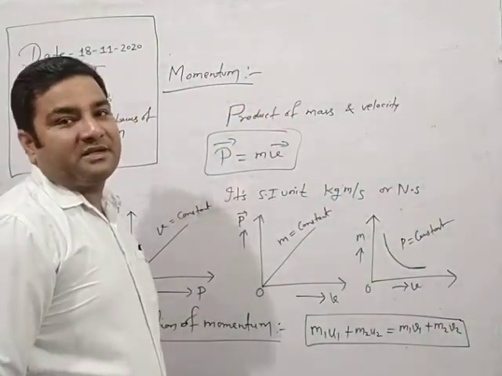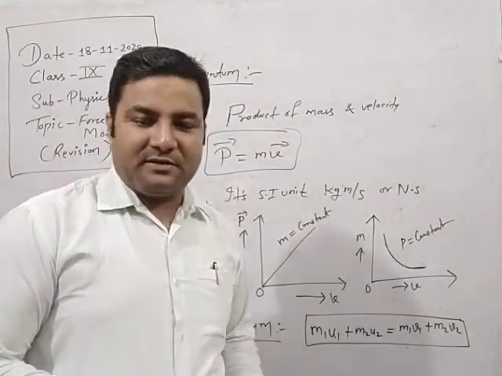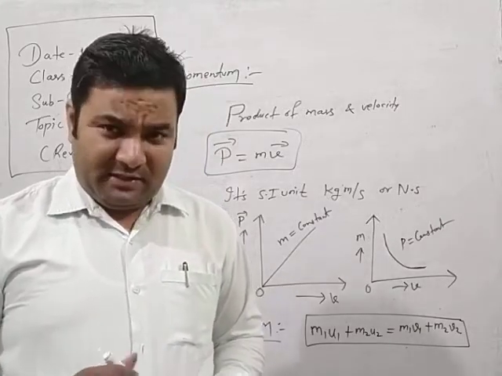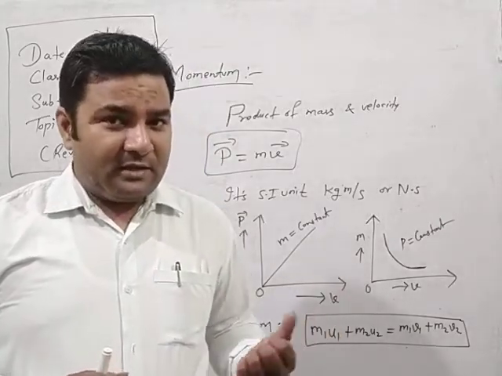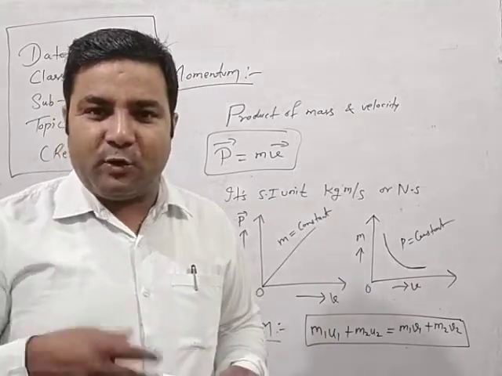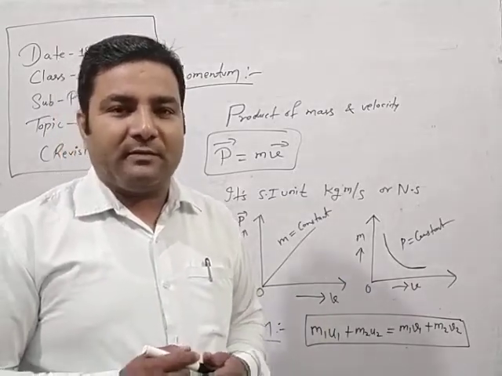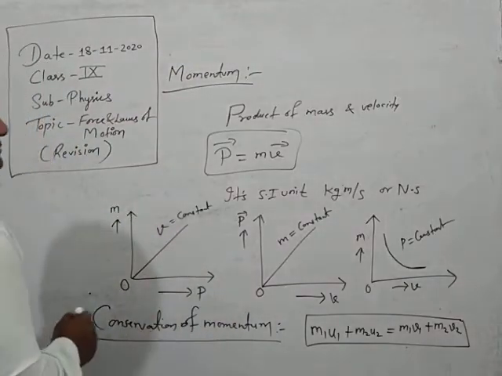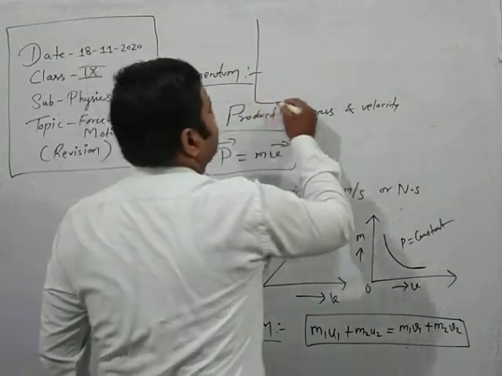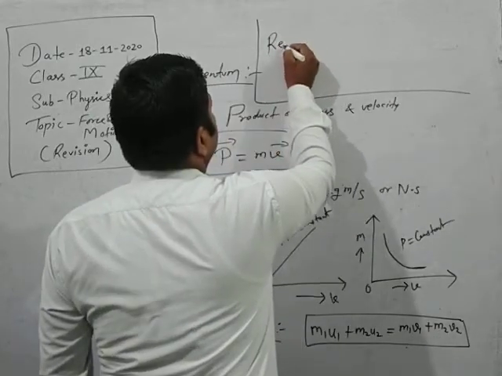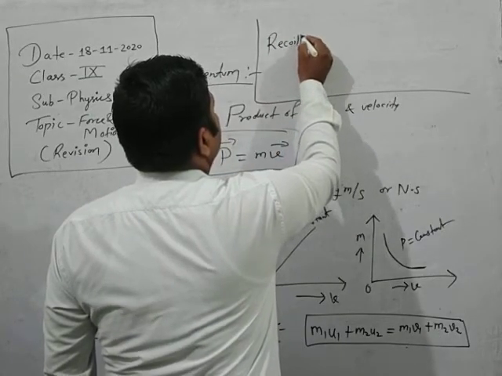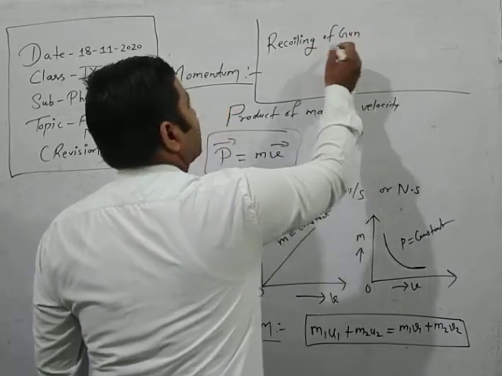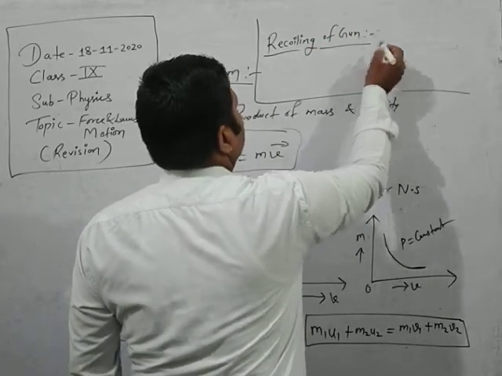Clear? Very simple concept. There are so many applications of conservation of momentum, and among all, a very important one is recoiling of gun. What is the concept of recoiling of a gun?